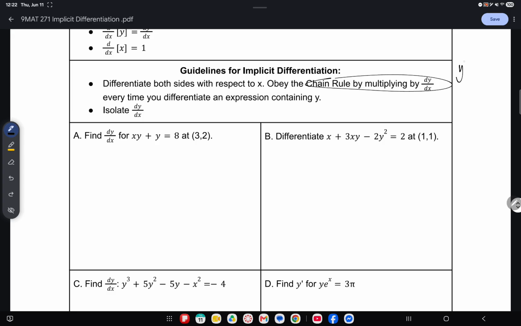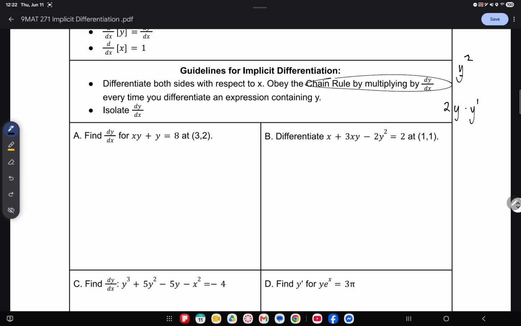So if I have y squared, the outside function is y squared, so the derivative would be 2y. But then I have to do the derivative of the inside, which is y, which is y prime, or dy dx. And so that's what we have to do every single time.